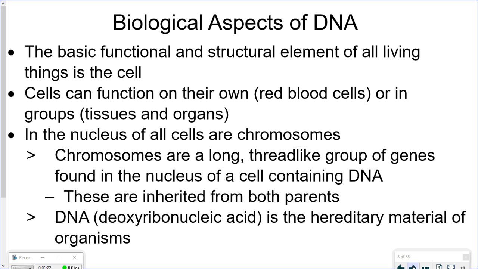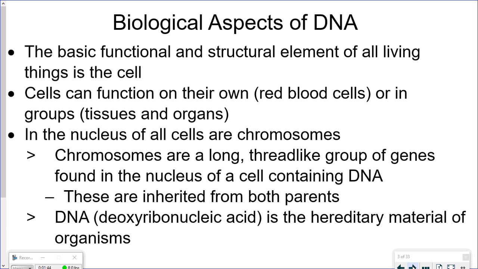So the basic functional and structural element of all living things is the cell, if you'll remember that from biology. Cells can function on their own, like red blood cells that are single-celled and function properly, or they'll function as a group in some of your larger tissues and organs.